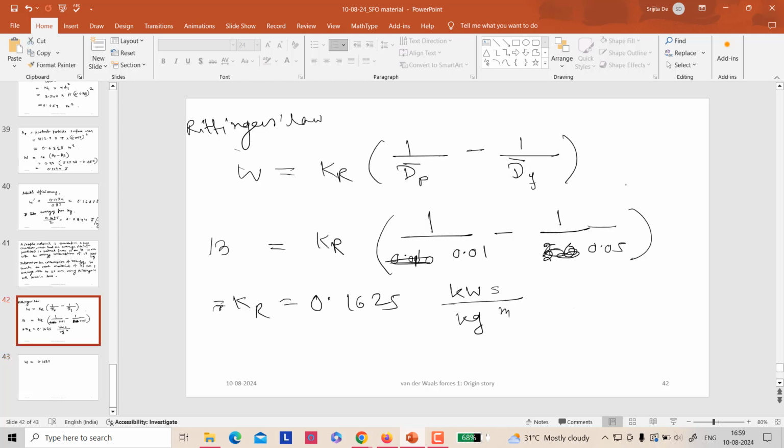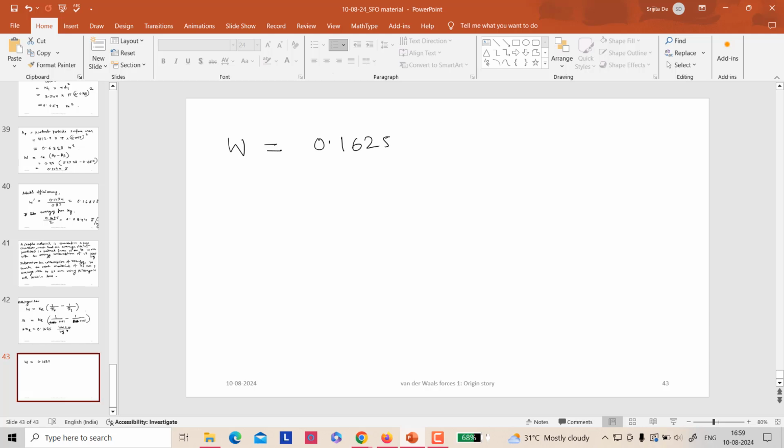The unit is kilowatt second meter per kg. So it will be 0.1625 into 1 by 0.025 meter minus 1 by 0.075 meter, because here the feed size is 75 millimeter and the product size is 25 millimeter.